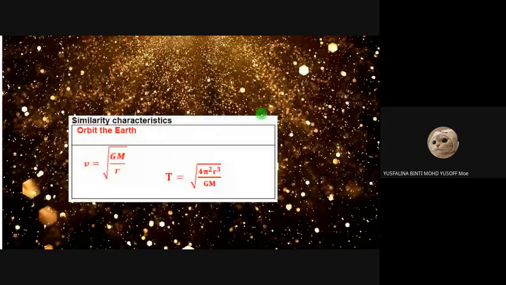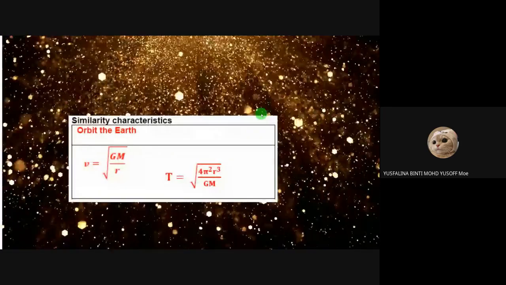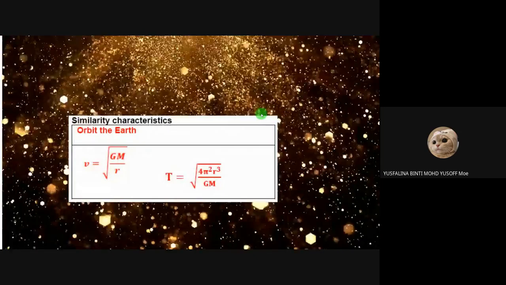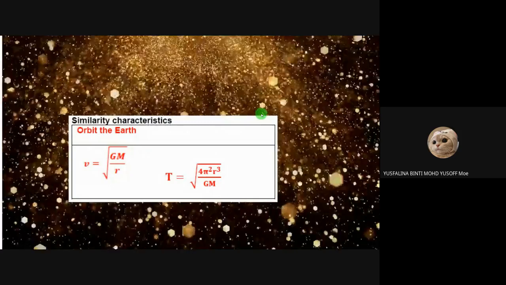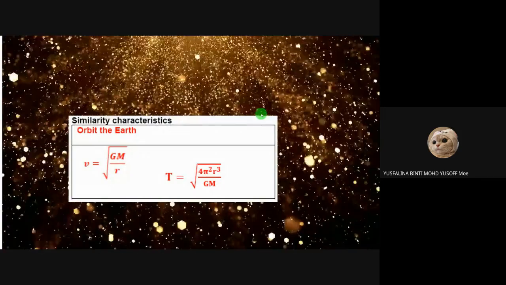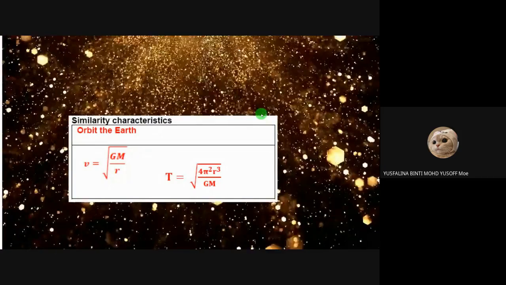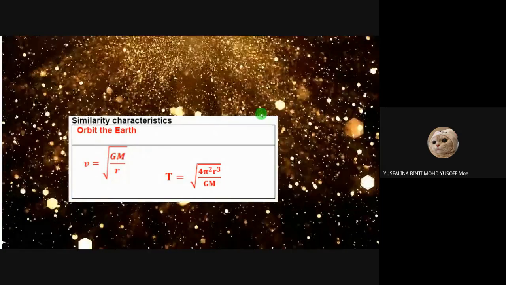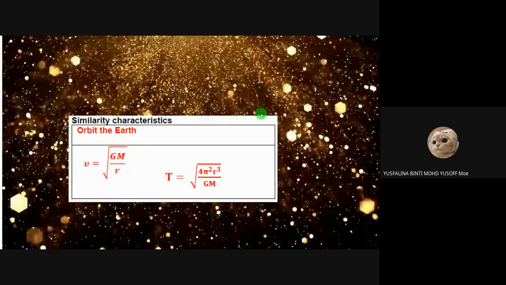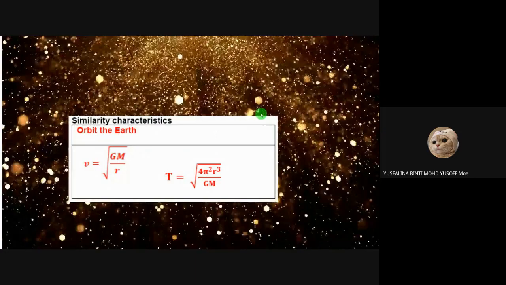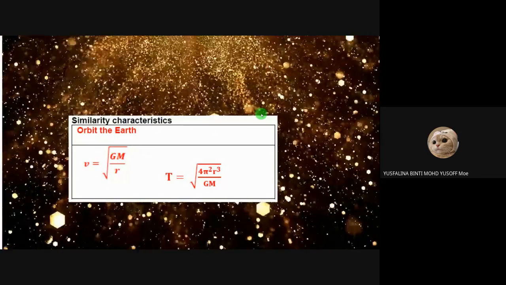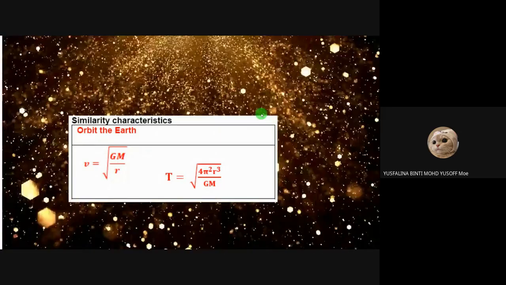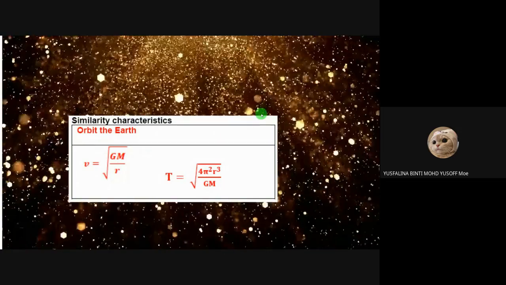Before that, we see the similarity. Just now we only saw the differences, right? So what is the similarity? If you want to calculate the speed of the satellite when it orbits the Earth, you can use the formula v equals square root of GM over r for the linear speed. You just use this formula.